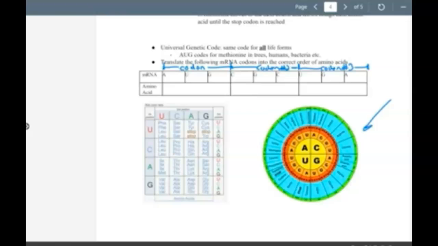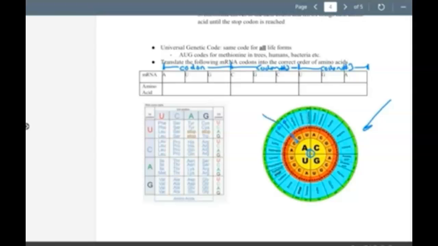But if you look here, let's put the number 1 on the first ring, on the innermost ring, that yellow ring. Then let's put the number 2 on the next ring out from the middle. Then let's put the number 3 on this reddish ring. And then where it's light blue, let's put AA for amino acid.